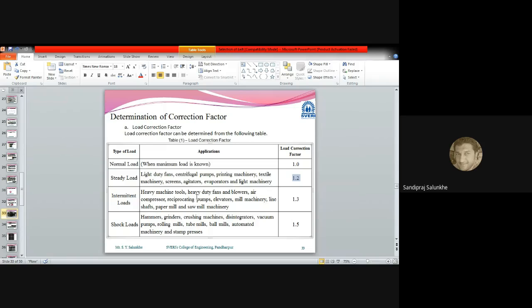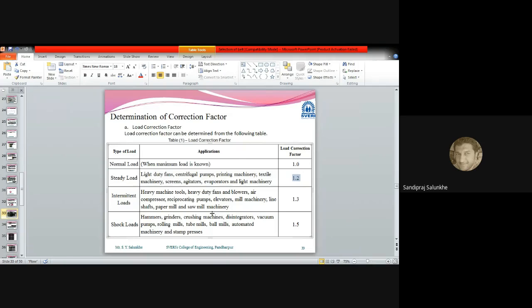These fans are heavy duty. Then air conditioners, compressors. In case of big air compressors, we are not talking about the air compressors used in small applications like a service station, or where you make the puncture repair of a two-wheeler or four-wheeler. Those are the small air compressors.